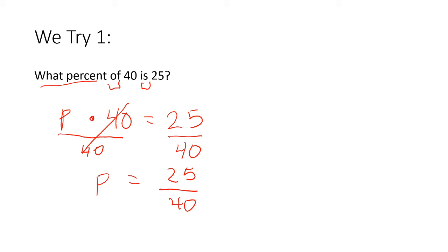Now I need to turn that into a percentage. So I'm going to multiply by 10 over 10. That'll give me 250 divided by 400 because I want to get something over 100. Now let's divide everything by 4.